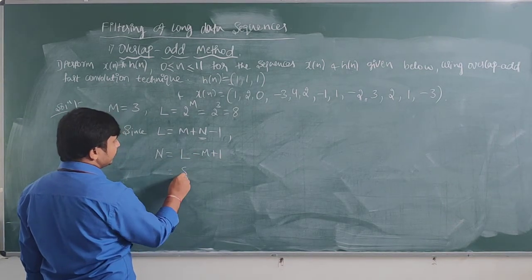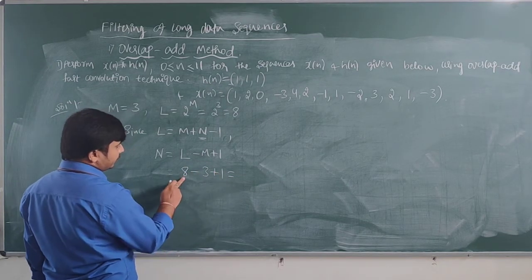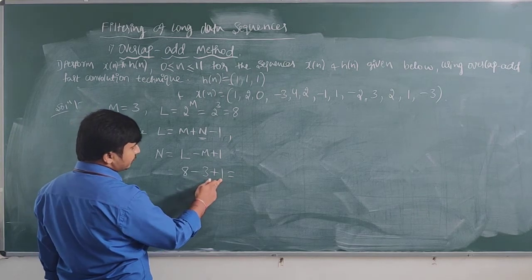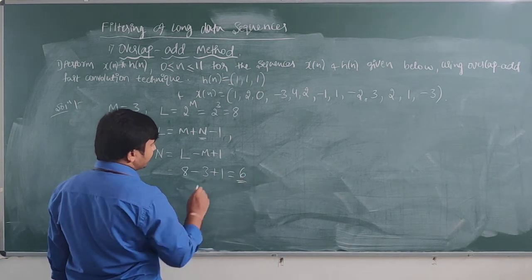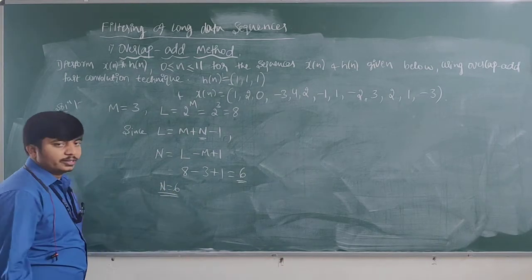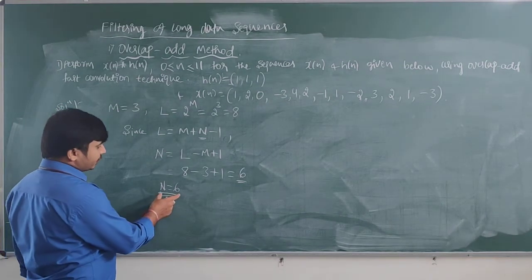L is 8, minus m which is 3, plus 1. So 8 minus 3 is 5, 5 plus 1 is 6. Therefore n is equal to 6, which is the length of x of n.